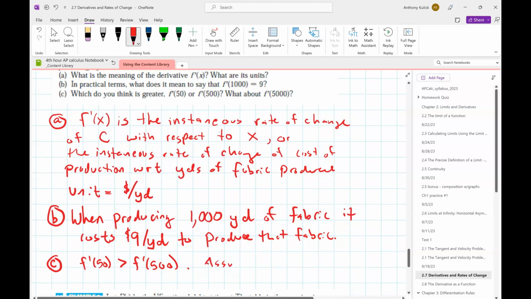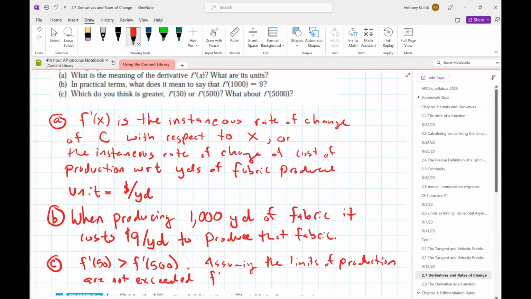And I would say, assuming the limits of production are not exceeded, f prime of 50 should be greater than f prime of 500, which should be greater than f prime of 5,000.